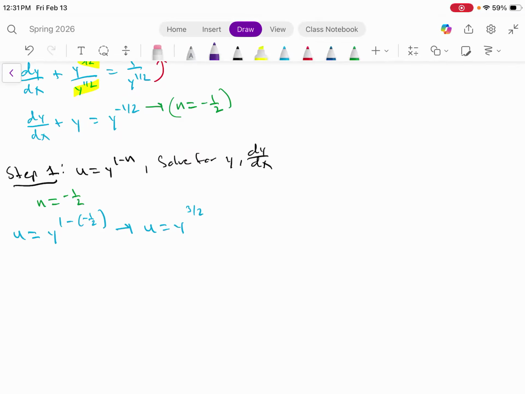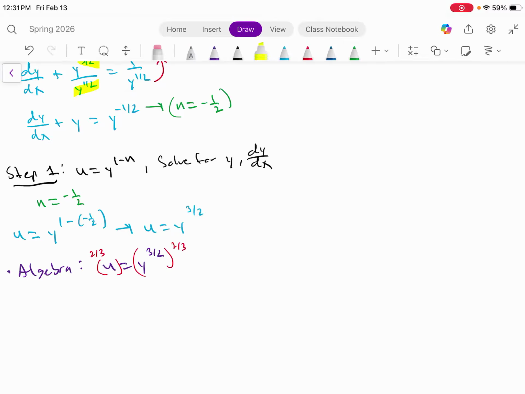But remember, we want to solve for y and for dy, so we need to use some algebra and calculus to acquire these two. So let's use our algebra. We have u equals y to the 3/2. I want to solve for y, so I need to undo this power of 3/2. So what I need to do is raise both sides to the 2/3.